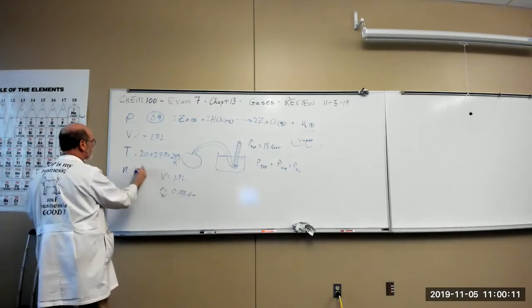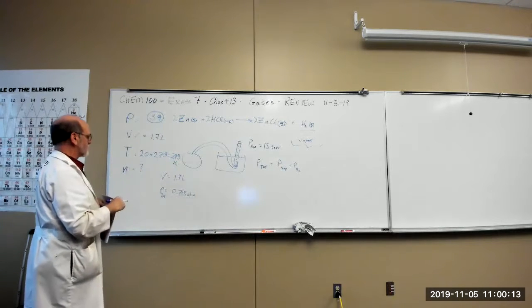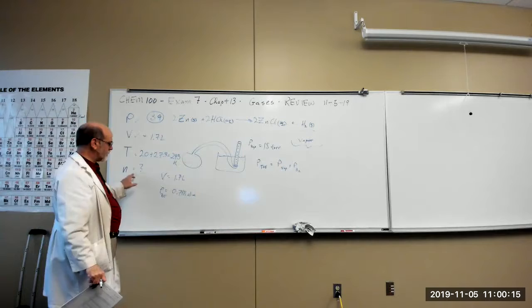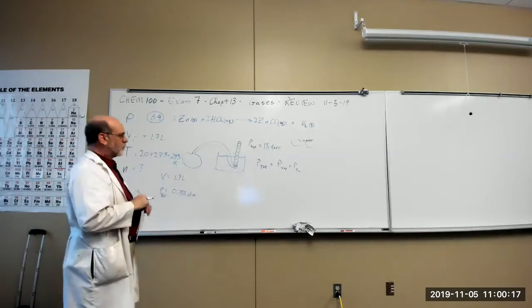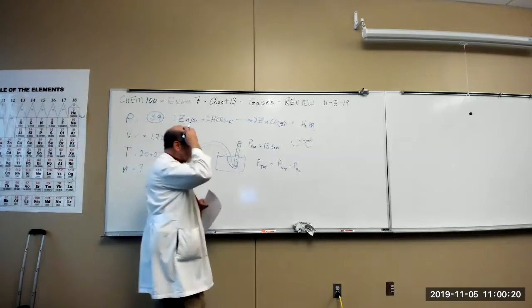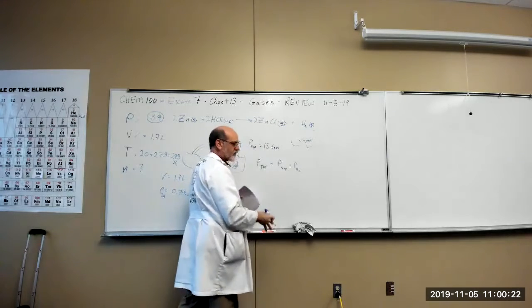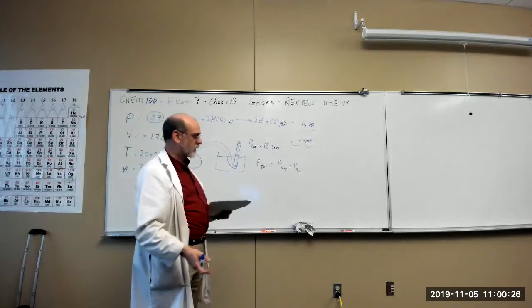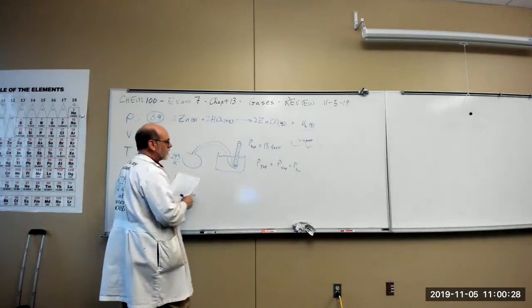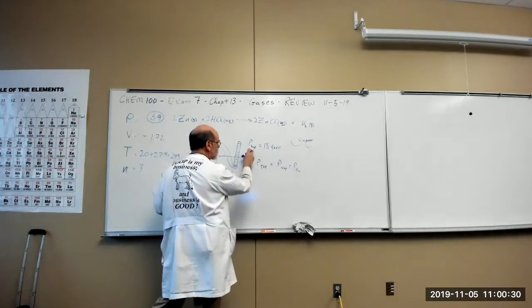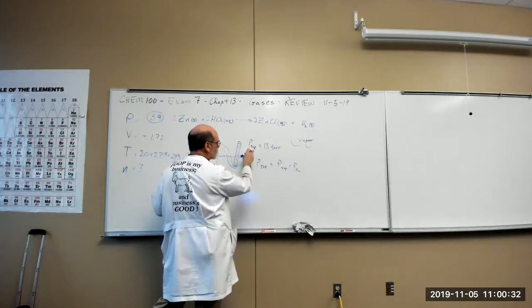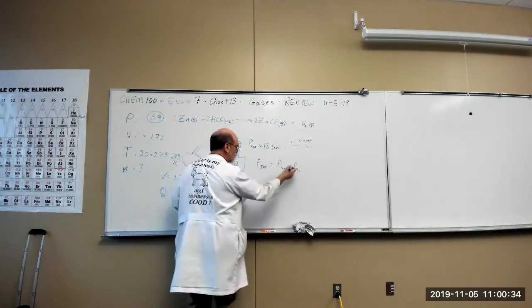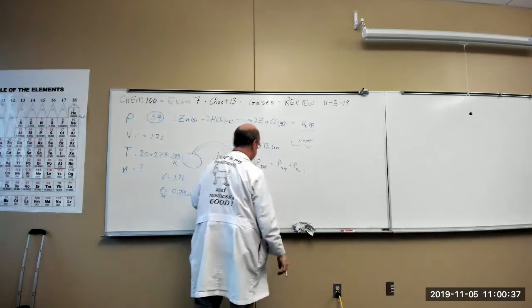And the question is moles. So this is a state function. We're going to find out how many moles. But we don't want to calculate the number of moles of all the gas. We just want the number of moles of the hydrogen gas. Right? So we need to remove the pressure of the vapor from the total so that we're only dealing with the pressure of the hydrogen.